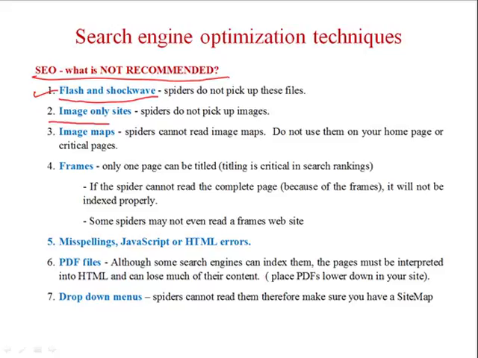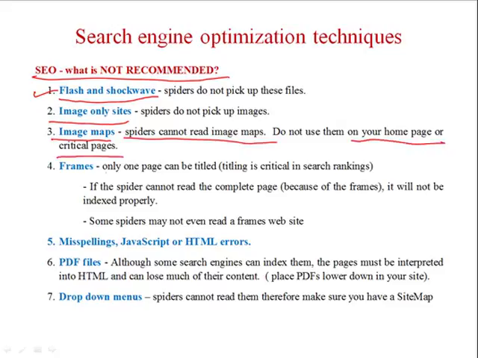Image only sites. Actually, search engine crawlers are not able to read images. So use alternate text in place of the images. Image maps. Spiders cannot read image maps. Do not use them on your home page or critical pages.